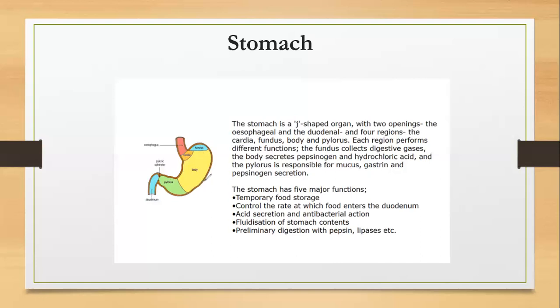You have to crush that food, add gastric juices, mix it, tear it down until it forms a liquefied mixture. That liquefied mixture is a chyme, and when it forms the chyme, it is ready to be released into the next part, which is the duodenum.